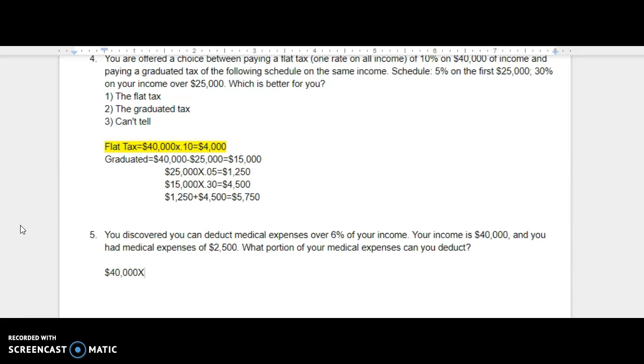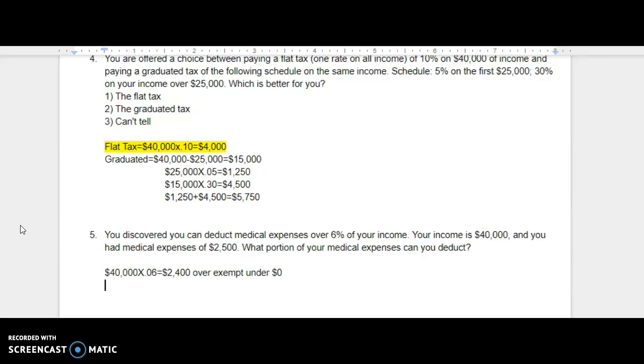So 40,000 multiplied by 6%, let's change that to a decimal, move the decimal place 2 places over, 0.06, and multiply 40,000 times 0.06. So we know that we can deduct anything over $2,400. Anything over that, we can exempt. Anything under $2,400, we cannot deduct anything at all.